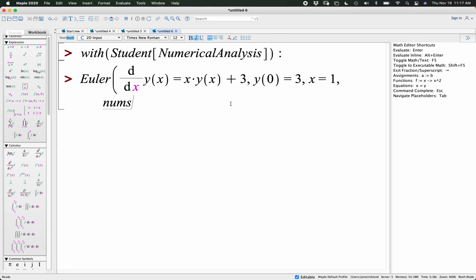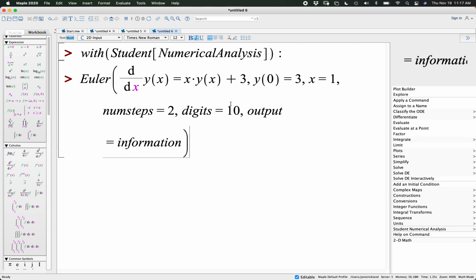So we have the number of steps, which is 2, and for the digits, let's say we expand out to 10 digits. I want to put the information in table format, just how the outputs progress from one stage to the next.